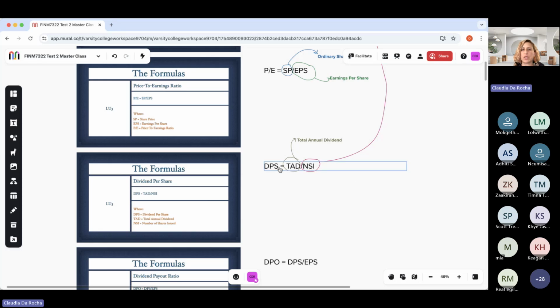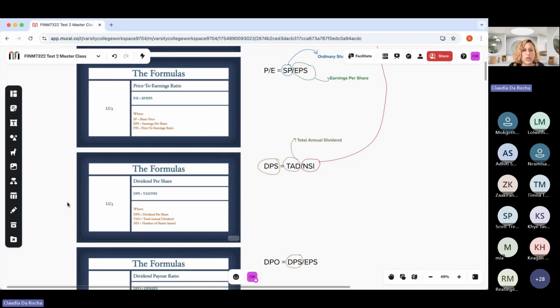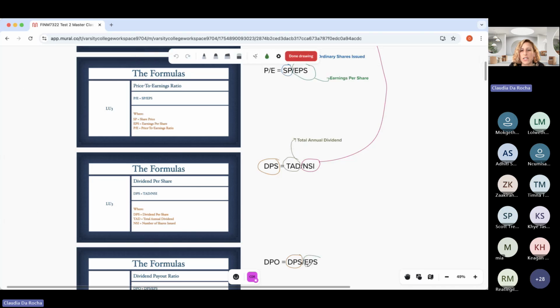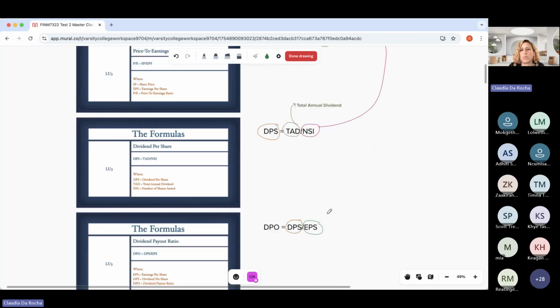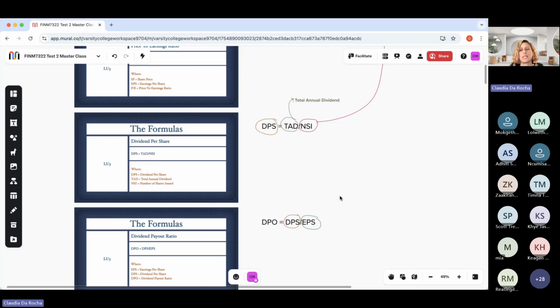And again, note that you have elements recurring in calculations. So here's your dividends per share, which is also in here. We also have our earnings per share in the other formula. So again, depending on what they've given you in the question, you can interchangeably use these formulas to solve for different elements. It's very important that you are able to see that.